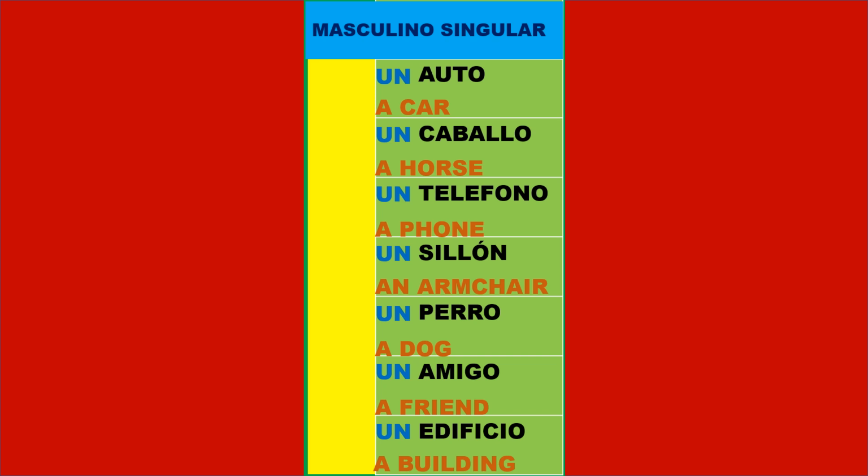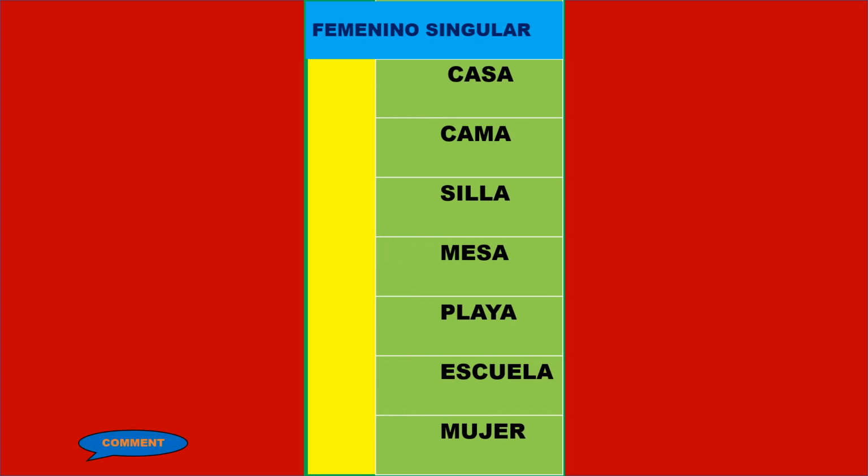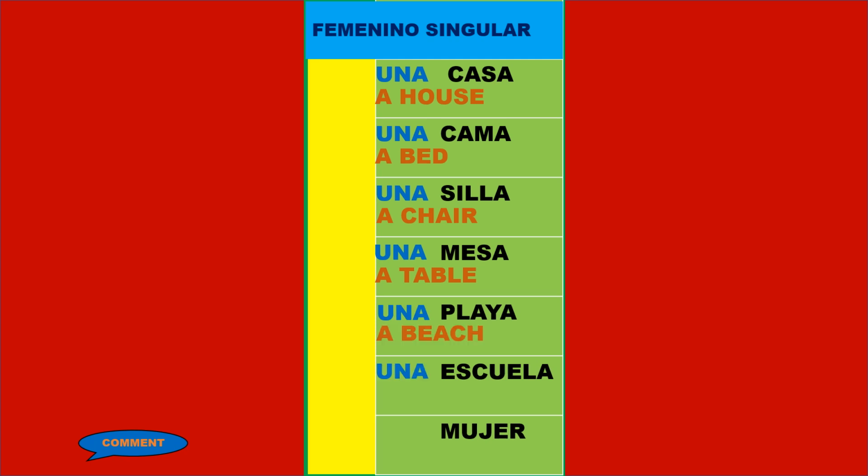Okay, so let's go with the next slide. We have here femenino singular, feminine. We don't use un. In this case, we use una casa, una cama, una silla, una mesa, una playa, una escuela, una mujer.